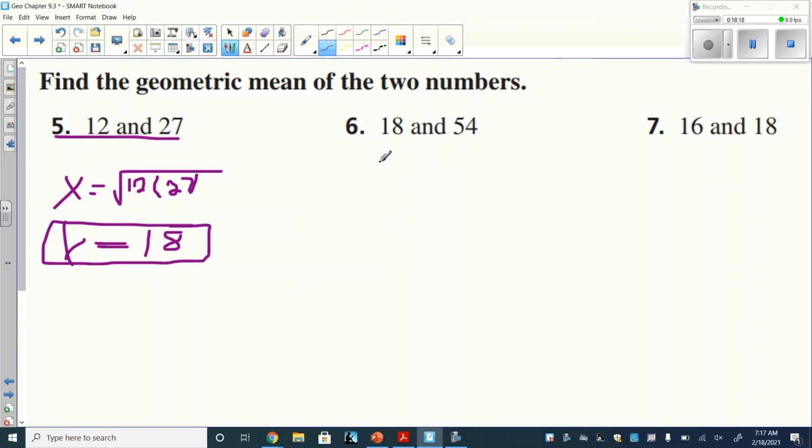So I'll look at this last one here, 18 and 54. And again, if we're using this here, the geometric mean is equal to the square root of a times b, which here would be 18 times 54. And at this point here, we just have to plug this into the calculator.